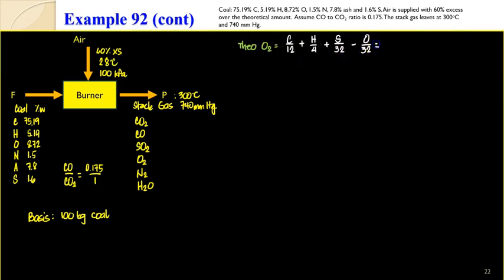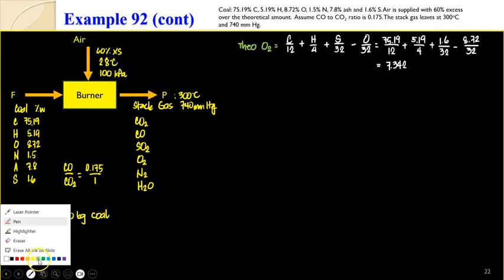So this one would be 75.19 over 12 plus 5.19 over 4 plus 1.6 over 32 minus the oxygen that is in the fuel, so that's 8.72 over 32. Everything here becomes moles. So this one is 7.342. This is the theoretical oxygen, or the oxygen needed to complete the combustion.